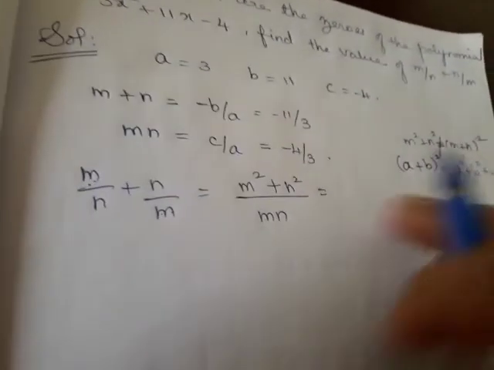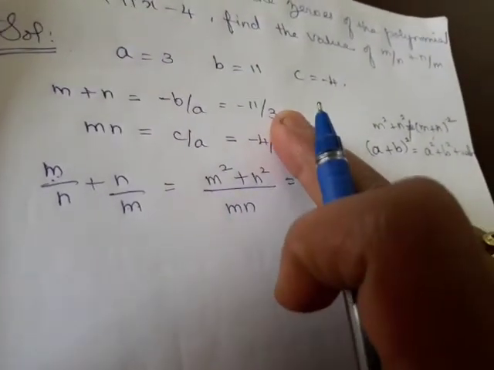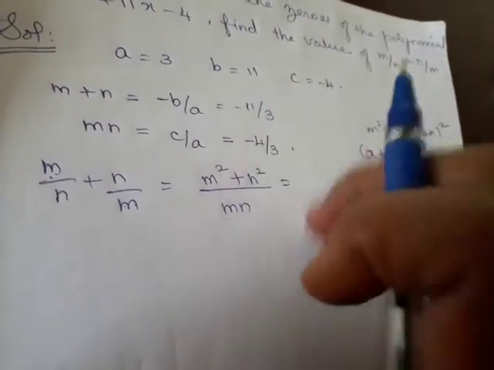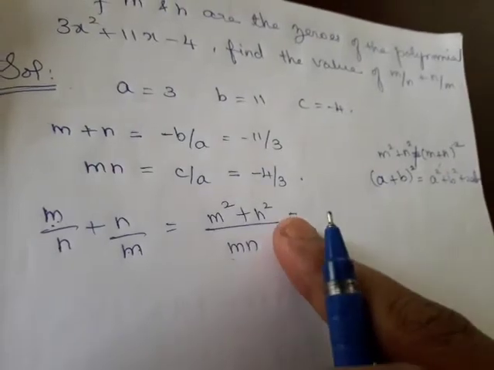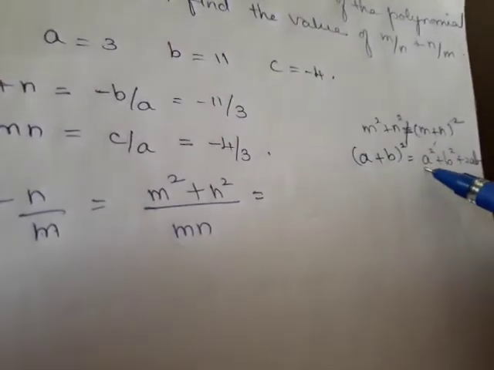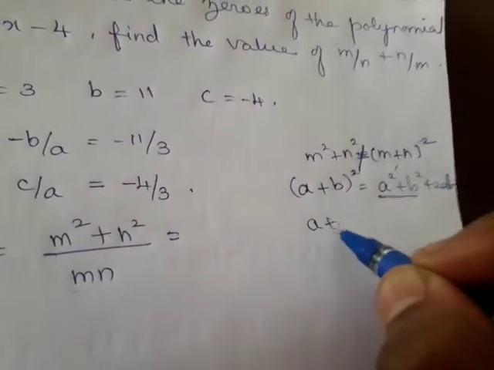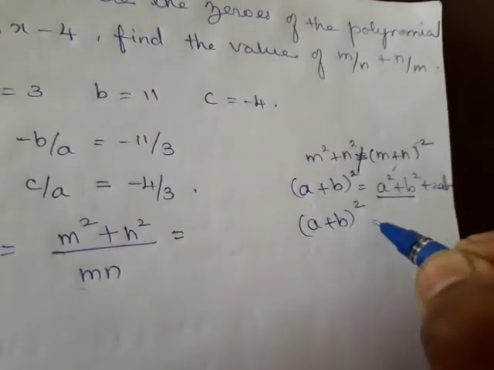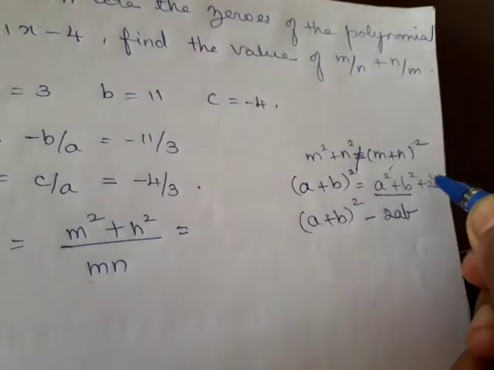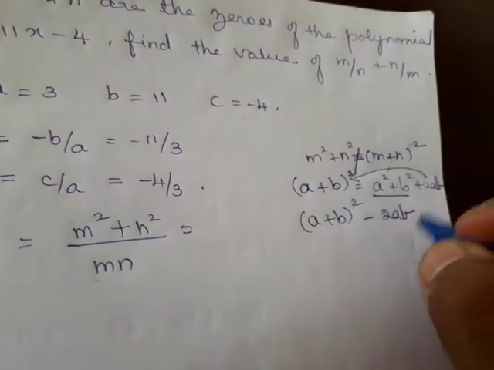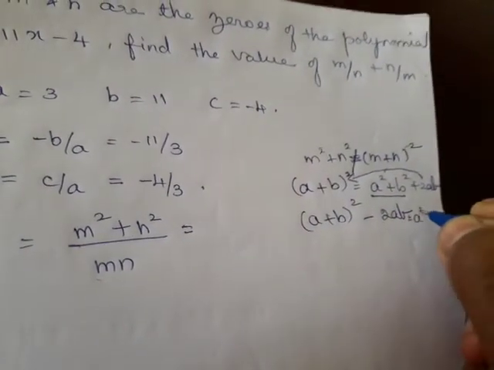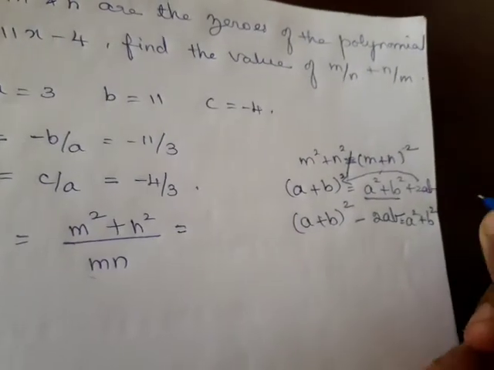So we cannot write m square plus n square as minus 11 by 3 the whole square, because both are not the same. Then how can you write m square plus n square? From this identity, a square plus b square is nothing but a plus b the whole square minus 2ab. Bring this 2ab to the other side, which is equal to a square plus b square.